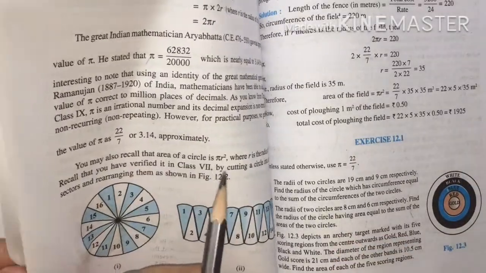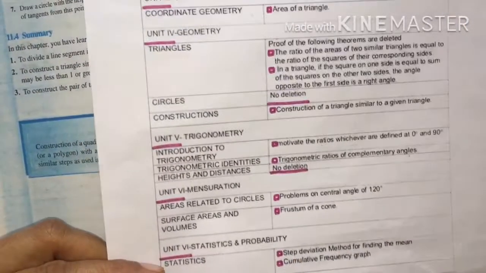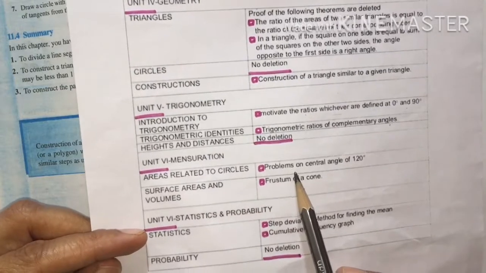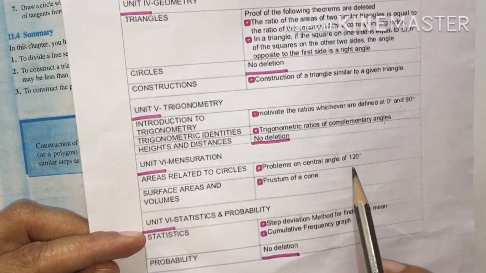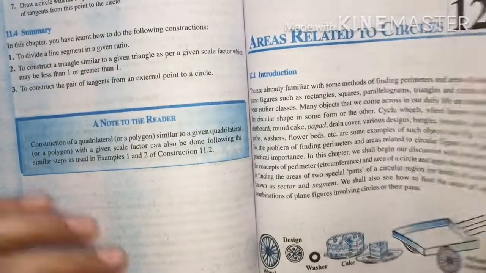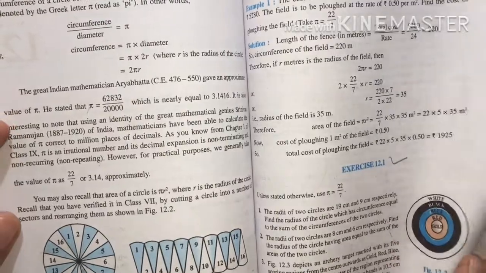Okay, the next chapter is chapter number 12, area related to circles. In this chapter, problems on central angle of 120 degrees have been removed, only this. So let's see, exercise 12.1 you have to complete fully.